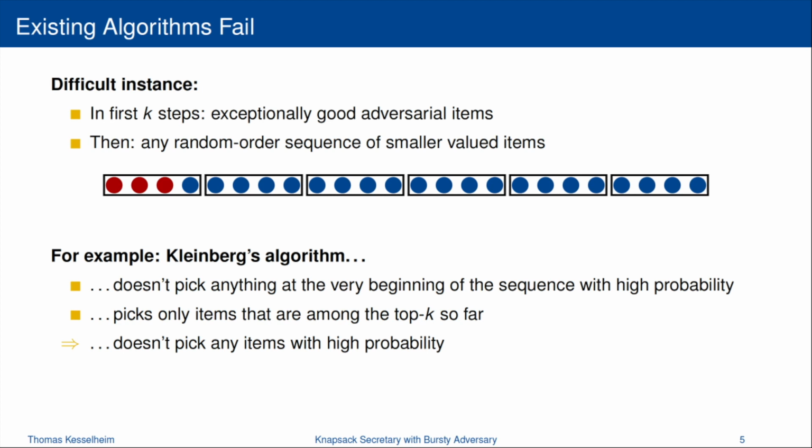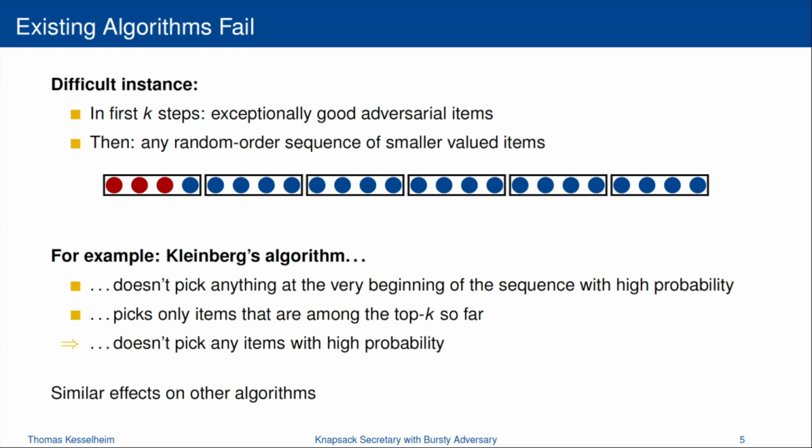Consequently, this algorithm doesn't pick any items with high probability on this sequence because, as I was saying, it doesn't pick these adversarial items because those are at the beginning of the sequence. And then later on, every item we are seeing is worse than these adversarial items that we saw at the very beginning. So we don't pick these either.